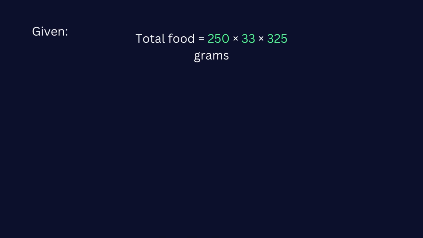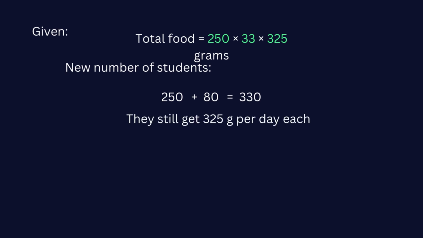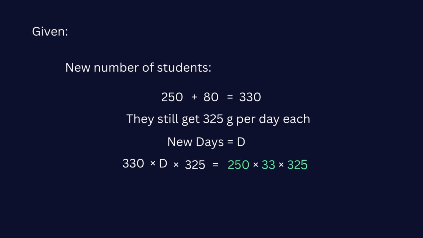Now we need to add the new students, 80, to our initial 250, and that will give me 330. They still get 325 grams each, those 80 new students. So we need to find the new number of days. Let the new days be D. We can write that as 330 times D times 325 equals 250 times 33 times 325.